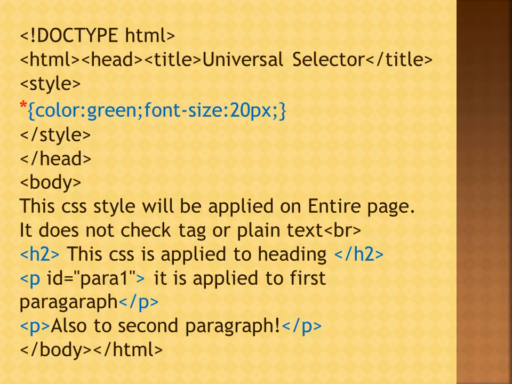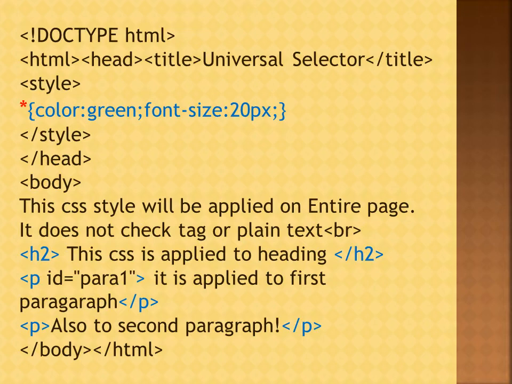It is applied to the first paragraph. Then next is a simple p, that is the second paragraph. So when you use this universal selector, this style is applied to h2, then p using id, and the simple paragraph.